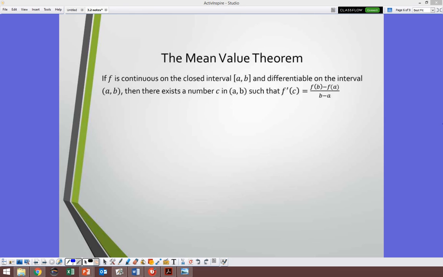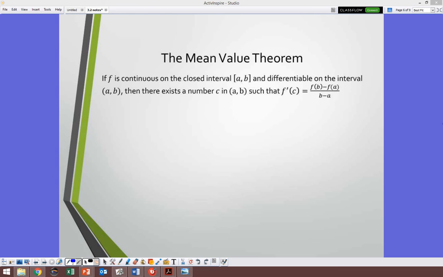So what it means is, even if it is going up or down, at some place in there, it's going to be equal to the average. So in the interval, there's a point where the slope is equal to the average of the whole thing.